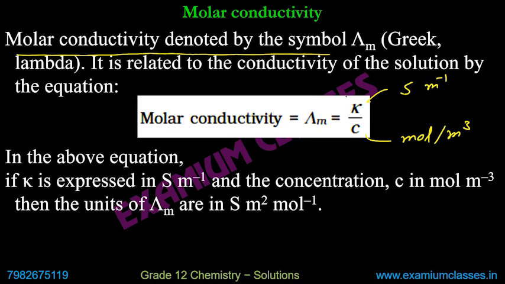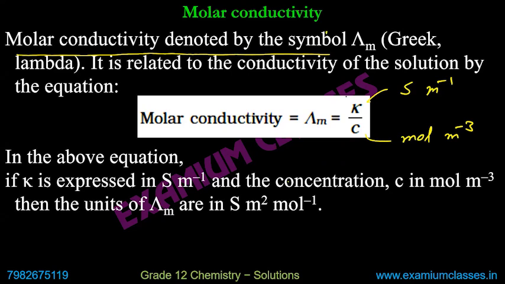Okay. So if you write the definition, if you see the units here, this is per meter, or you write meter inverse, here write meter to the power minus 3 bar.